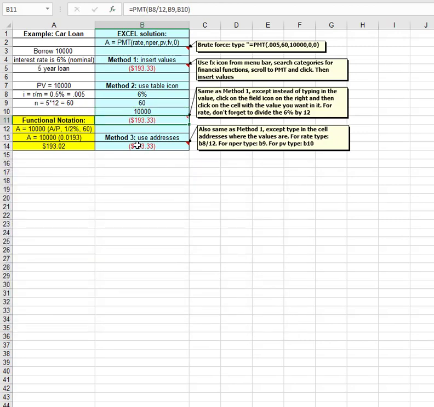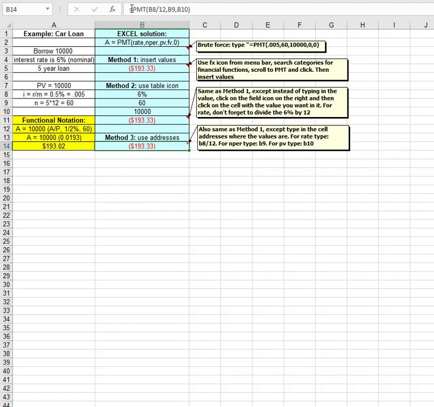And then the last way is very similar, but what I do is I simply type in the cell locations, not the actual values, and then it'll make all those calculations. In the formula bar, in order to get the cell function to work, you need to type an equal sign before you hit the f of x key, and then it'll actually pull up the function.